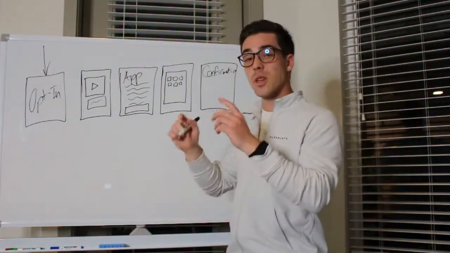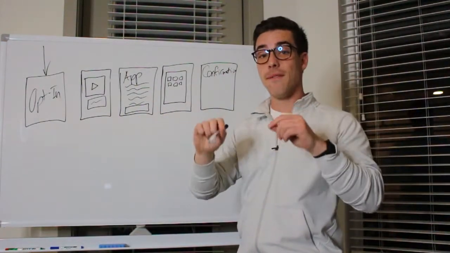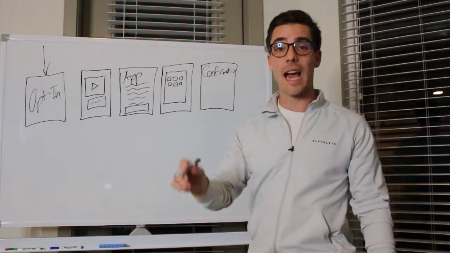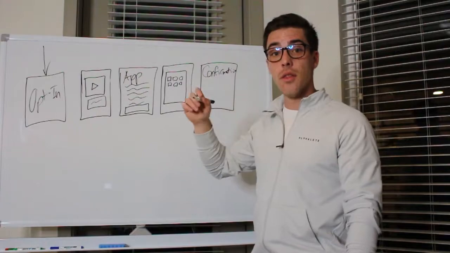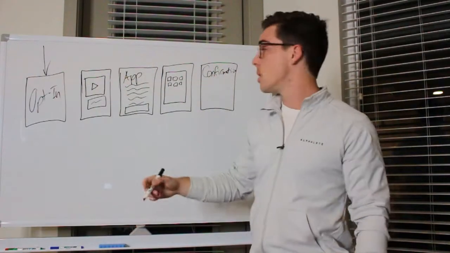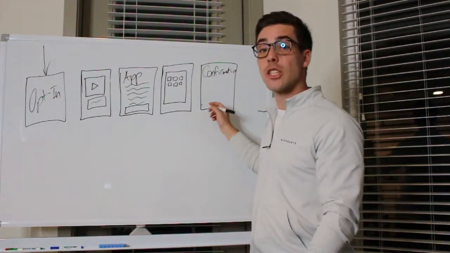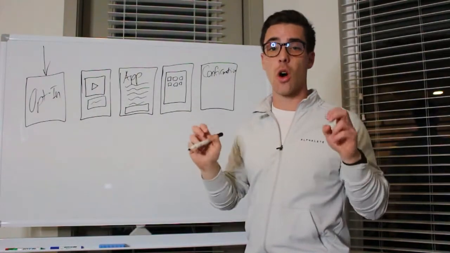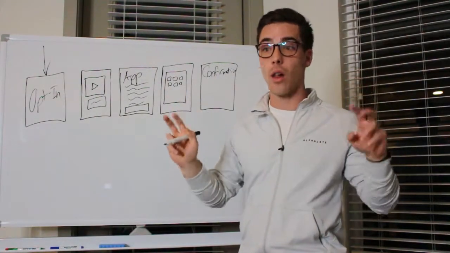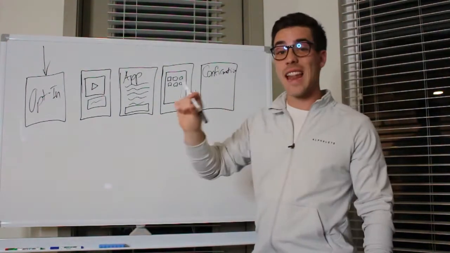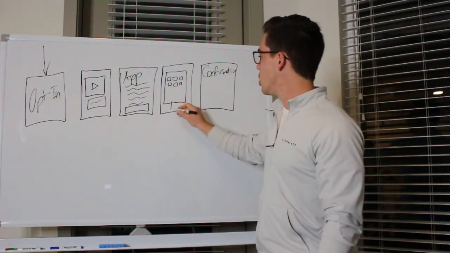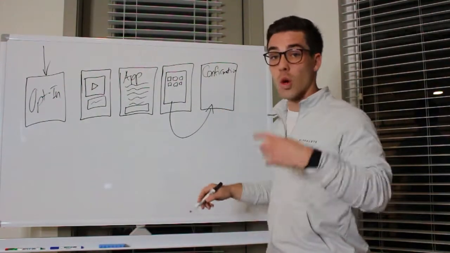What you want to do is go into the settings of that event in your actual account, and have it redirect the person that booked a call to what's called an external URL, okay? And essentially you just plug into that external URL whatever the URL is of your confirmation page.